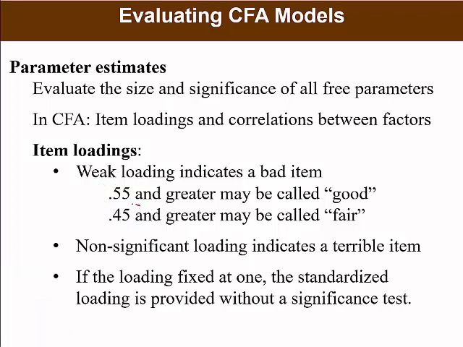So we'll call a loading of 0.45 or greater a fair loading. That's kind of okay, not ideal, but okay. And we'll call a loading of 0.55 or greater, that's what we really want, a good loading. And if it's less than 0.45, again, this is somewhat arbitrary, we'll call that a problem.